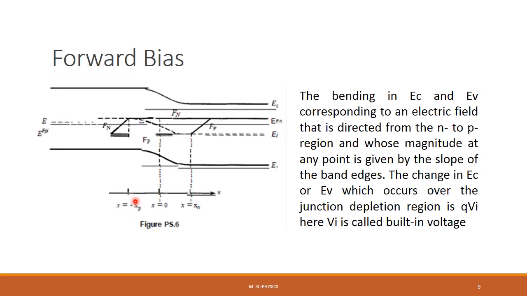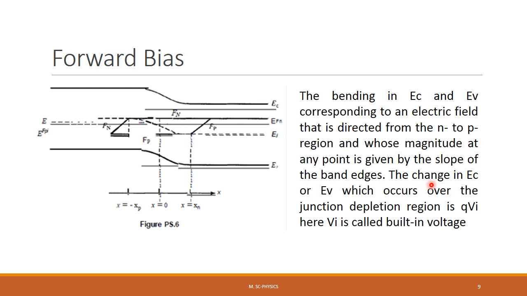Therefore, forward bias. The bending in conduction energy and valence energy corresponds to an electric field that is directed from the n to the p region, and whose magnitude at any point is given by the slope of the band edges.